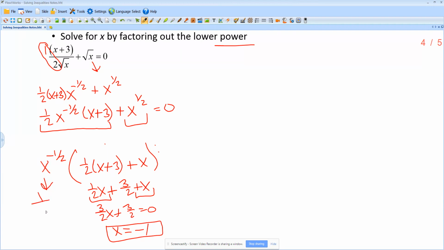Here, again, that's the same as 1 over square root x, which is never equal to 0, so there's no solution to that factor. So you would want to be like, oh, okay, so x is equal to negative 1. But no, because this problem implicitly has a domain restriction. The domain for this is that x must be greater than 0.